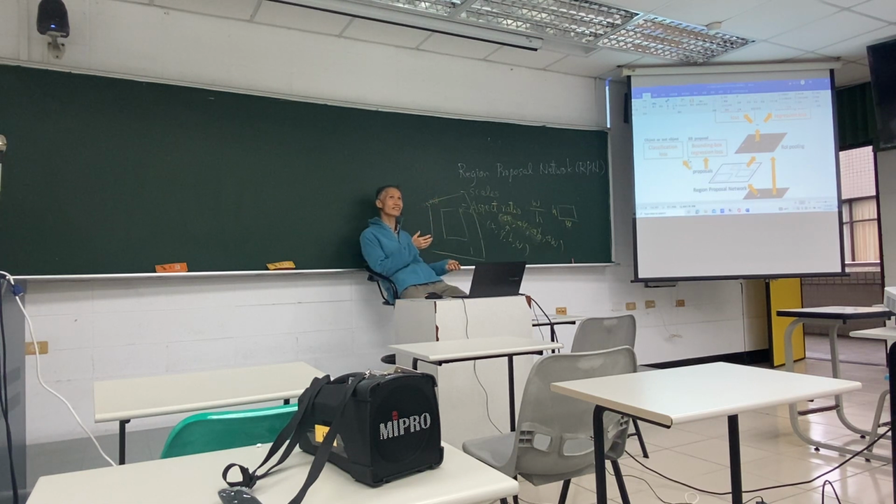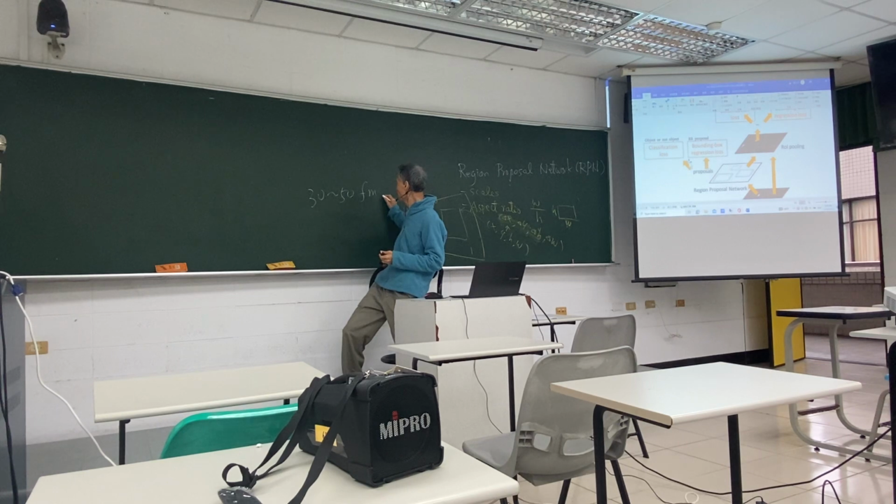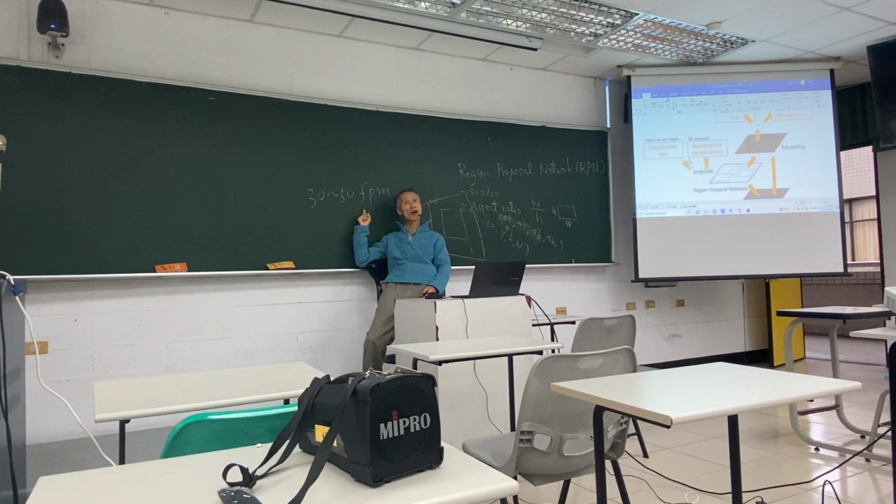I didn't say traditional ways are not good, but they are not fast enough for real-time applications and cannot even reach, as I mentioned, 30 up to 50 FPS, frames per second. This is about the frame rate that can be done on a smartphone.